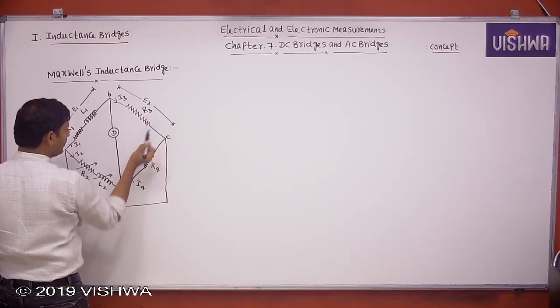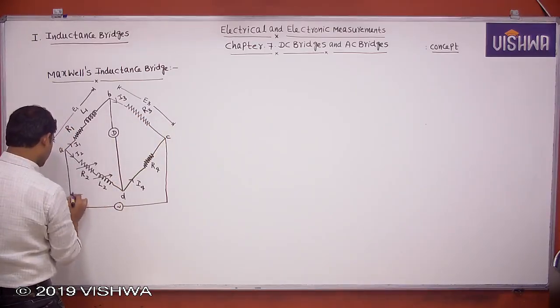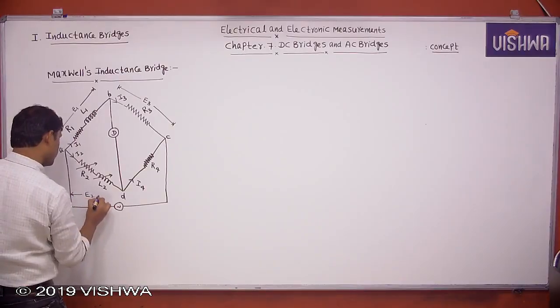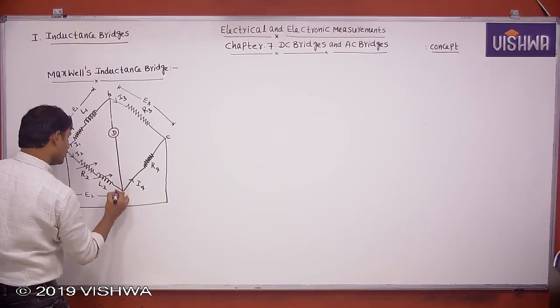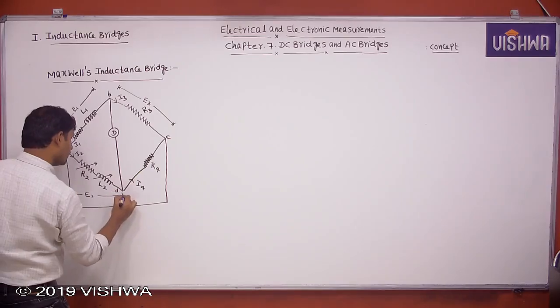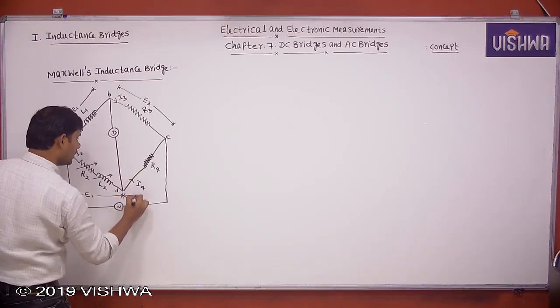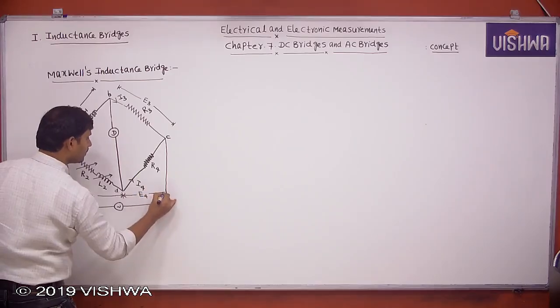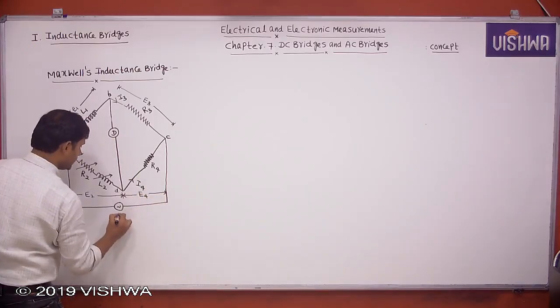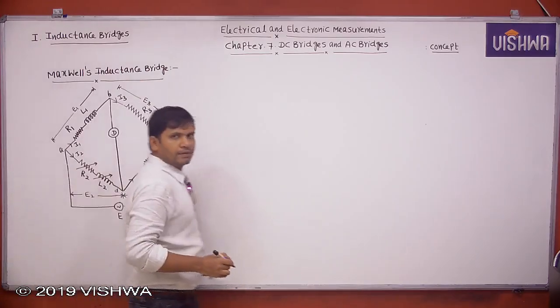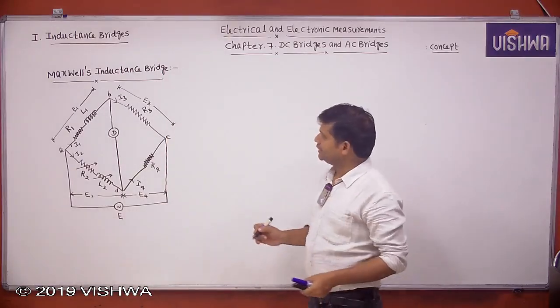And this voltage is E2. And this voltage is E4. This is E. This is Maxwell's inductance bridge.